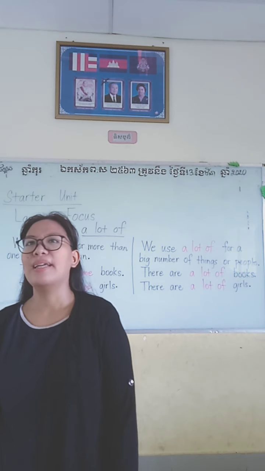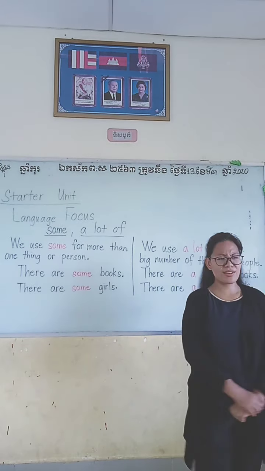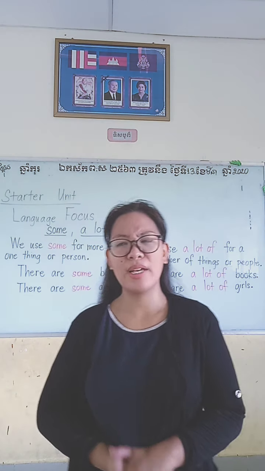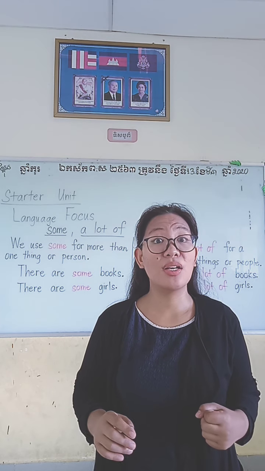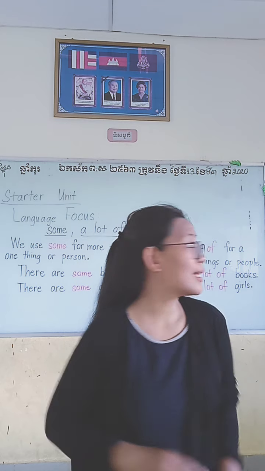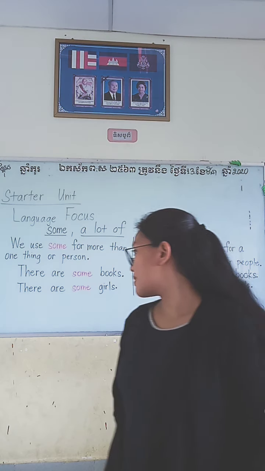Okay? Now, let us have another exercise. You can try this at home. For example, you are inside your house. Now look around. You can turn to the left or to the right.